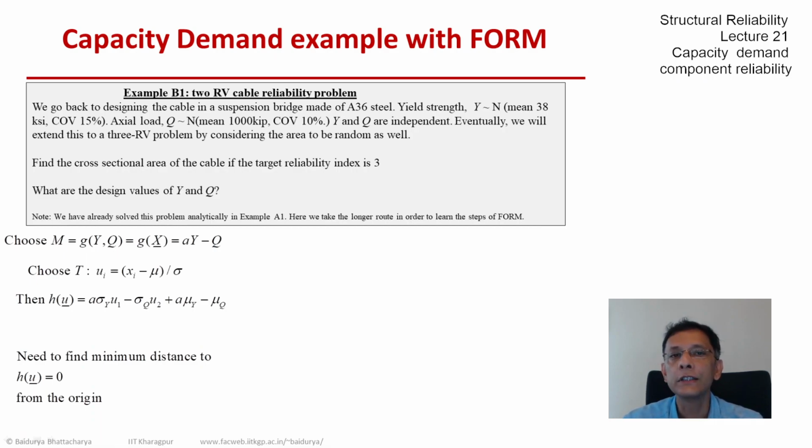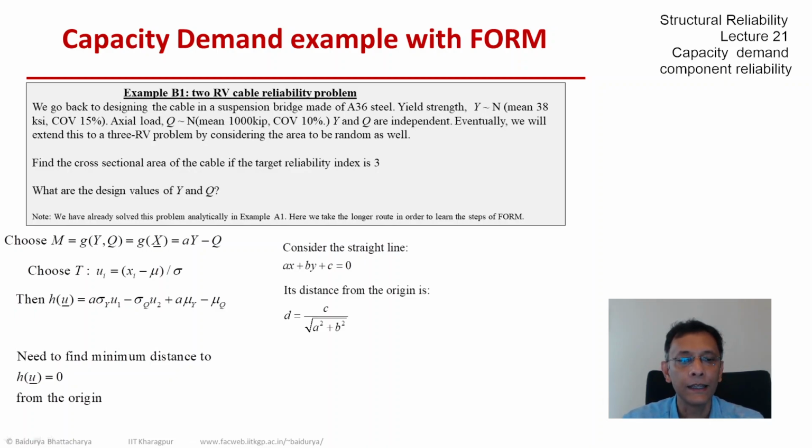And now let's just recap some of the lessons from coordinate geometry long back. If we have a straight line, ax plus by plus c equals 0 in two variables x and y, then we should be able to remember that the distance of the straight line from the origin is c over square root of a square plus b square.